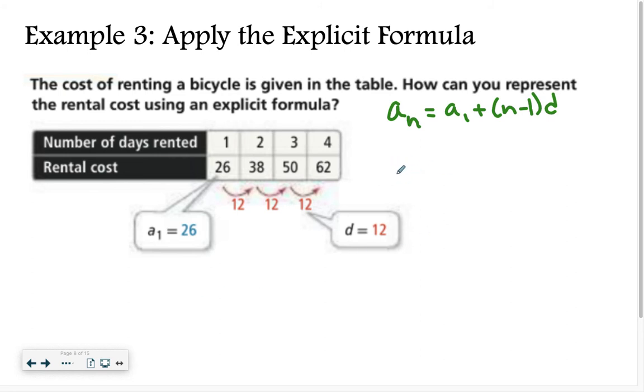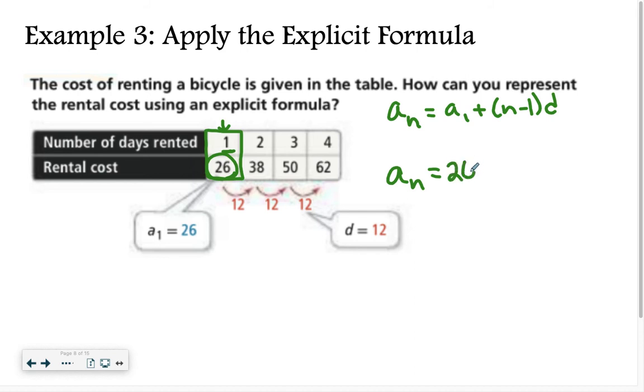When we're writing a formula, I'm always going to leave that a subscript n. And then what's my first term? When you're given a table, your first term is going to be represented first. So here we actually have the number 1 even for you. When we look at our first term, we see that the cost was 26.